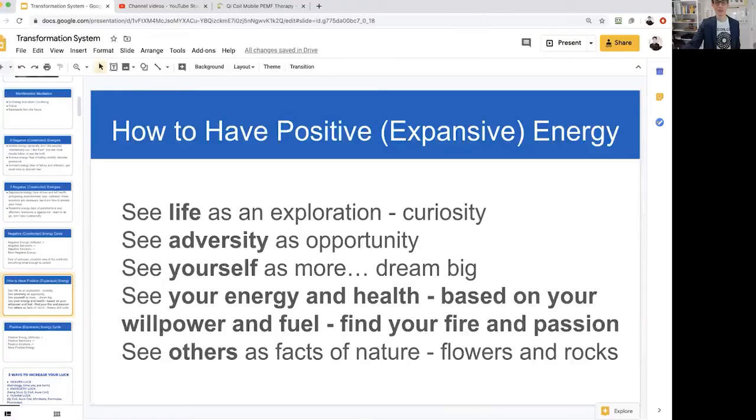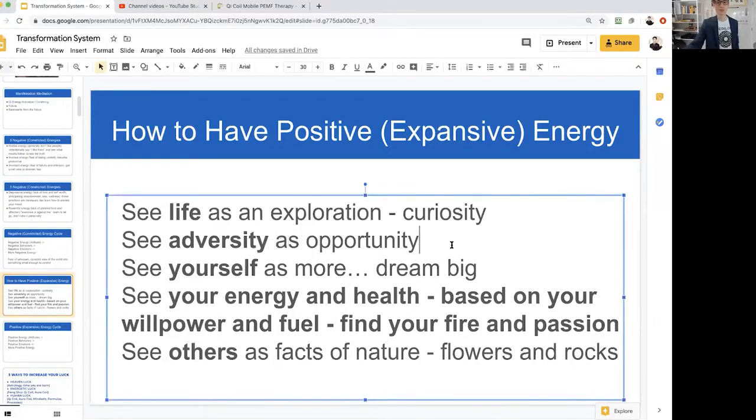The next one is adversity. Okay, so along the same lines is see adversity as opportunity, just like I said. So if you experience a bump in the road, instead of saying, okay, here's a bump in the road and I'm devastated and this is going to affect me for my whole life, think of it as an opportunity to learn something or an opportunity to grow.